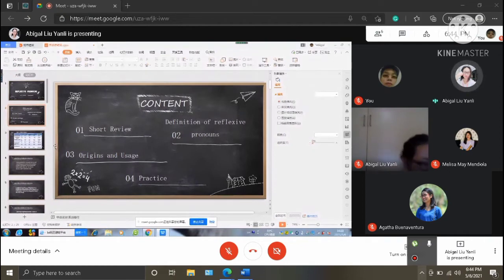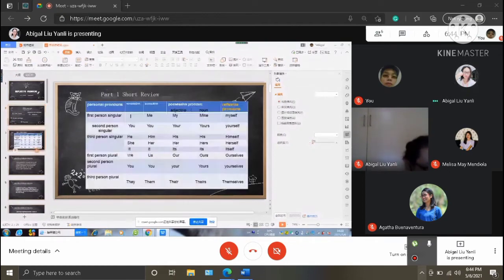Now we have a short review. The first part: we already learned the personal pronouns and nominative, accusative, and possessive pronouns.